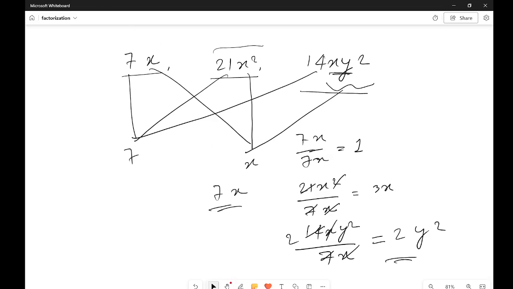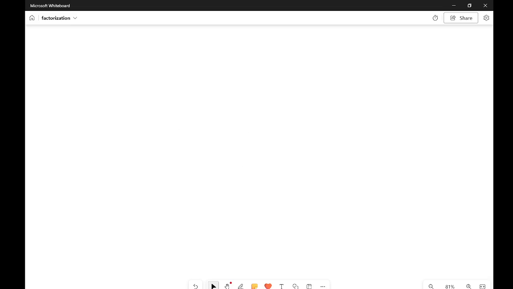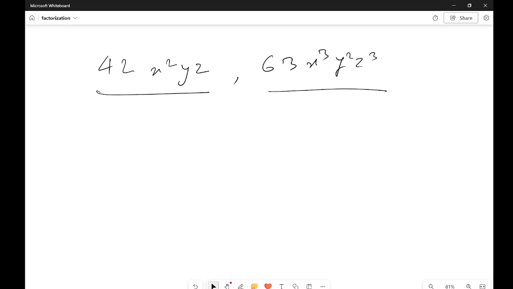So let's try another expression and learn about it. Let's take another example: 42x square yz, and the second expression is 63x cube y square z cube. These are the two expressions we have. As usual, what we did in the previous questions, first figure out the common between the constants.